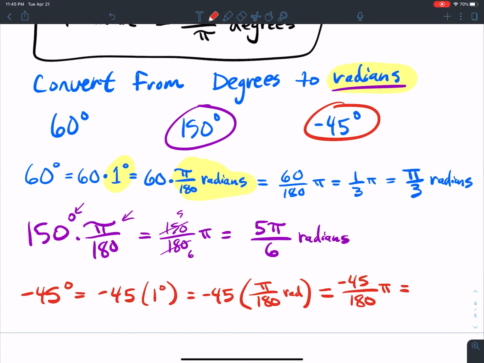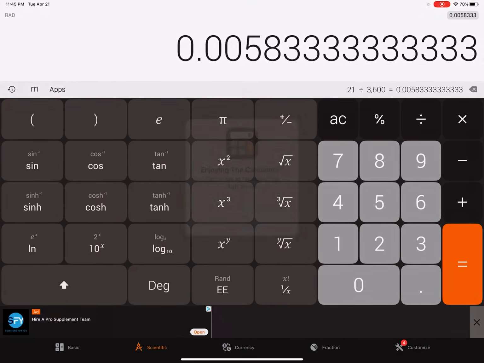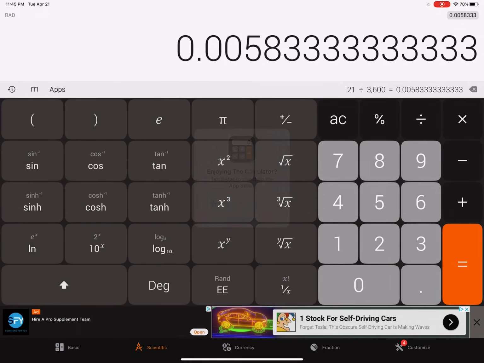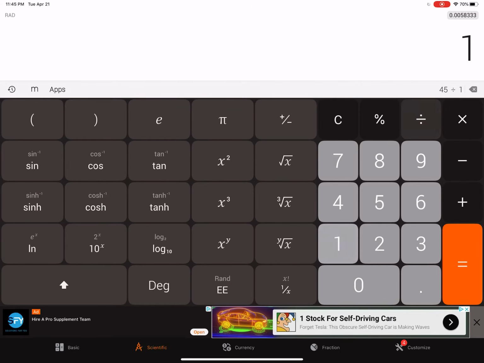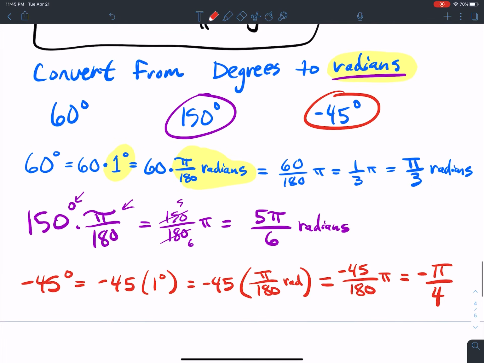Negative 45 divided by 180 is 0.25, that's like 1/4, right? So that's negative 1/4 pi, which is negative pi over 4 radians.